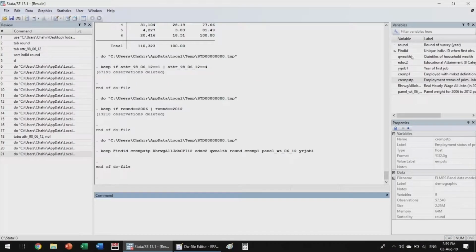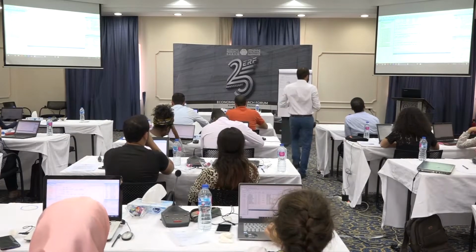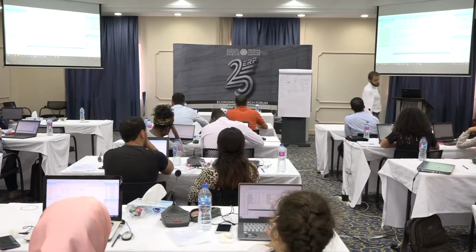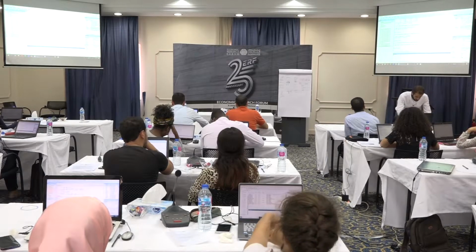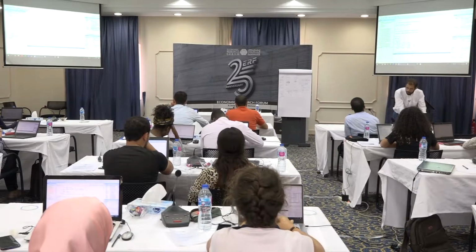So, as you can see here, if you open STATA itself, now we have a much lower number of observations and a much lower number of variables, right? Just to double check, I will write tab round, and here how many rounds do I have? Only 2 rounds.